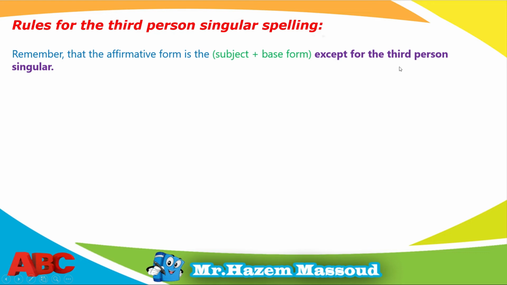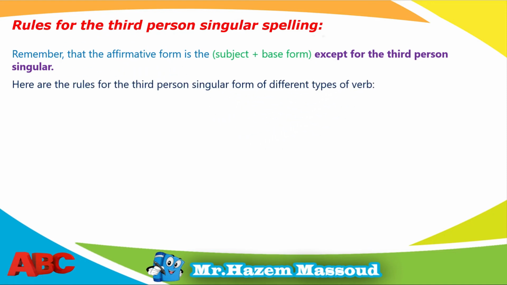For the third person singular, I add s or es. Let's see now. Here are the rules for the third person singular form of different types of verbs.